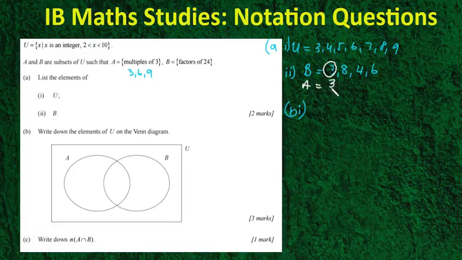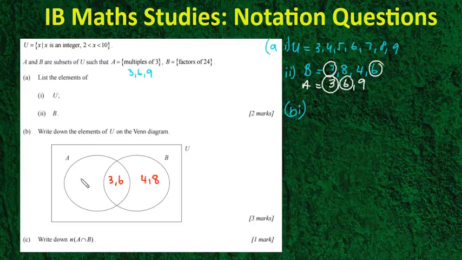I'm going to put that as 3, 6, and 9. So, sorry, 3 goes into both, as I said. We've got 6 goes into both. So what I'm going to start off by doing is putting 3 and 6 sitting in between because that's in both A and B. Now, for B, we've got 4 and we've got 8.